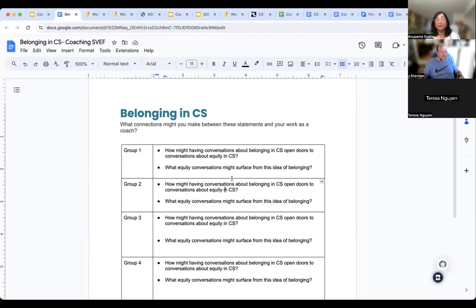You don't have to write a paragraph, just a few thoughts that come to your mind. And the second question is, what equity conversations might surface from this idea of belonging? I'll give you a couple minutes to think and respond to these two questions.